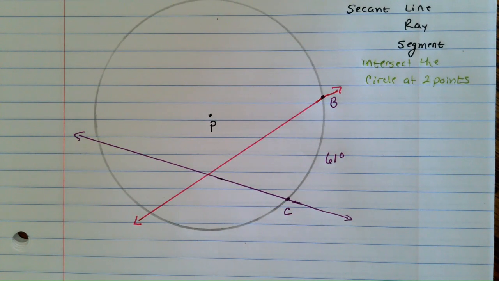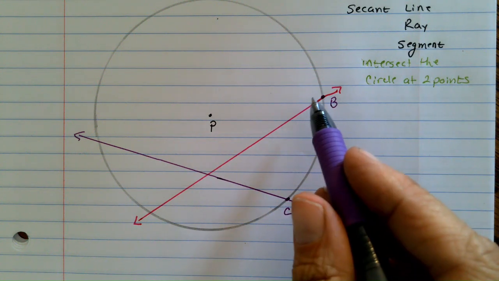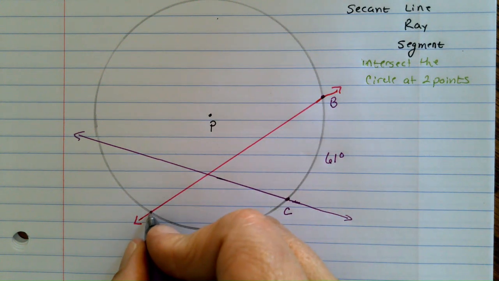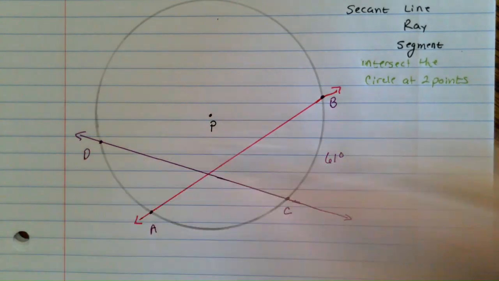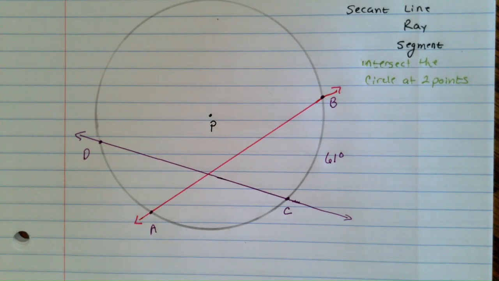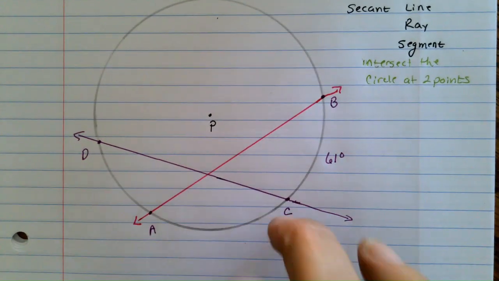And I'll throw an A here and a D here. Yeah, just mix it up, right? Line AB, line CD.